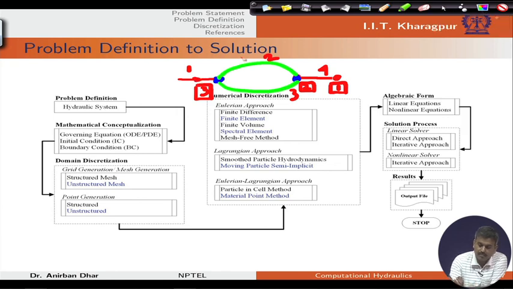So, basically in this case we have a flow which is running from left to right direction, and this is also the direction of a sloping channel bed. That means we have sloping channel bed which is running from left to right.